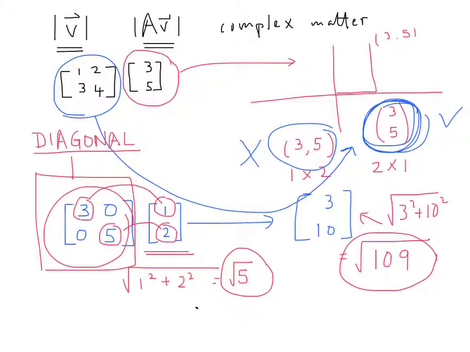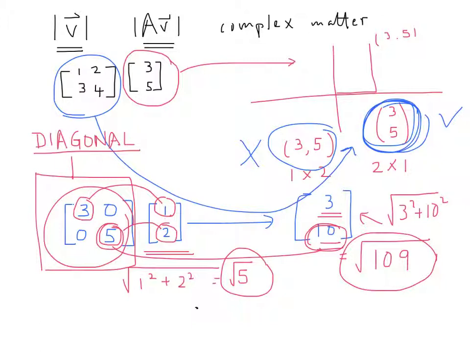So in this matrix, you are able to see that it scales all the x elements by a factor of 3 and all the y elements by a factor of 5. And because it's 3 and 5, it's scaling them differently in different directions.